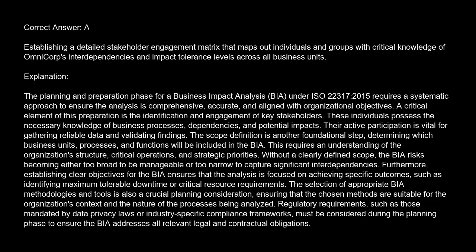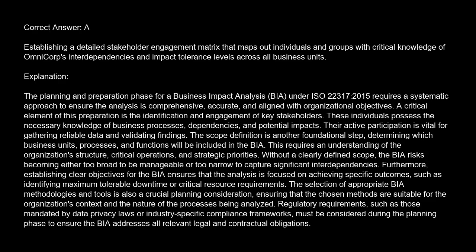The correct answer is A. Establishing a detailed stakeholder engagement matrix that maps out individuals and groups with critical knowledge of Omnicorp's interdependencies and impact tolerance levels across all business units. Explanation: the planning and preparation phase for a business impact analysis, BIA, under ISO 22317-2015, requires a systematic approach to ensure the analysis is comprehensive, accurate, and aligned with organizational objectives.